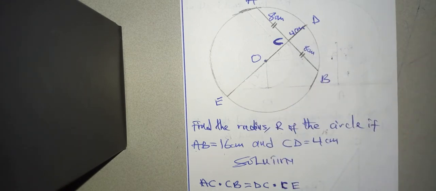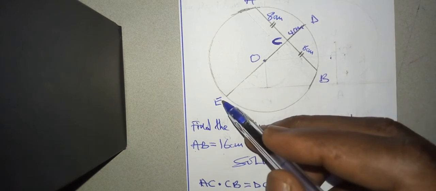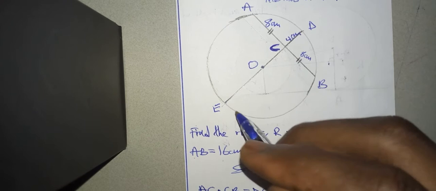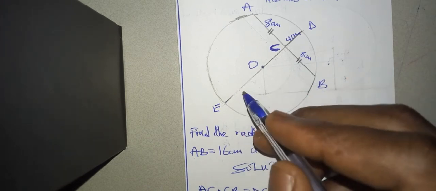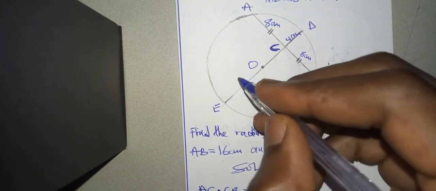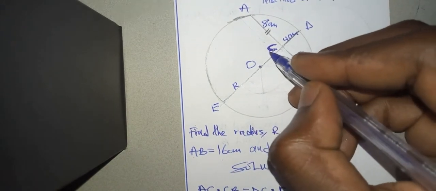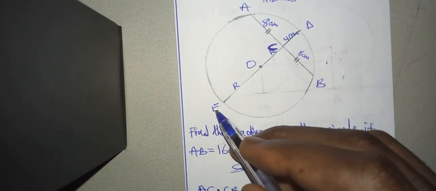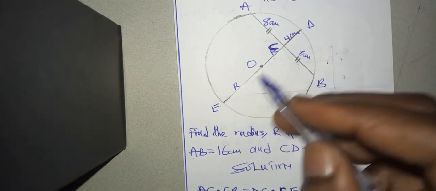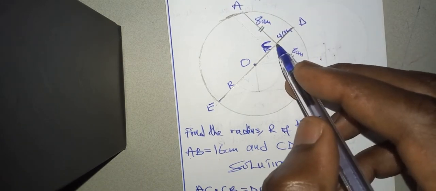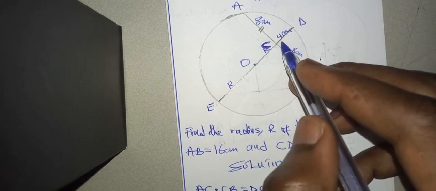Now here is how it is done. The whole of this is the diameter, twice the radius. If the whole of this is a radius, we can say this is R. The whole of this is also a radius, R. Therefore, the whole of DE is 2R. But CD or DC is 4 centimeters.